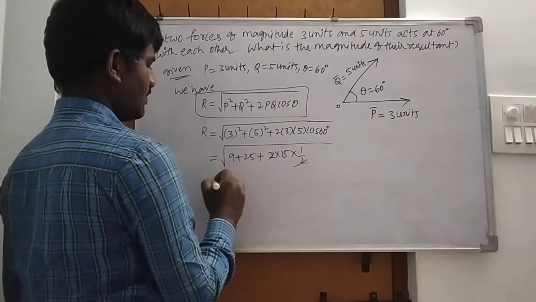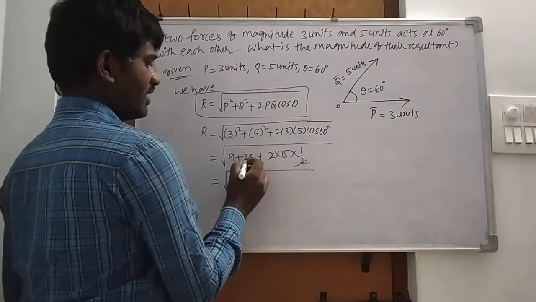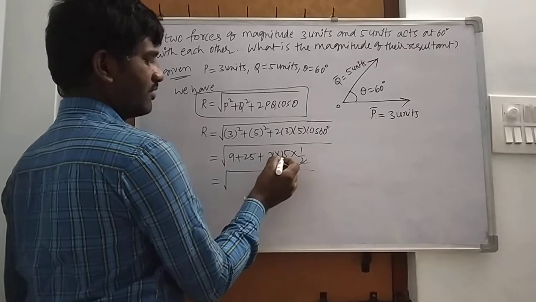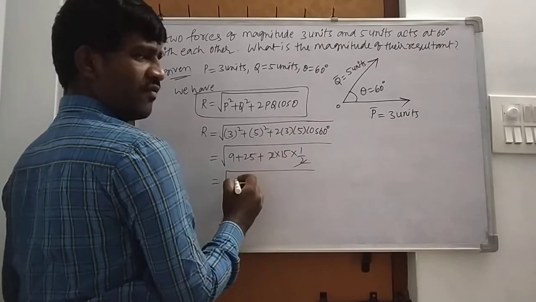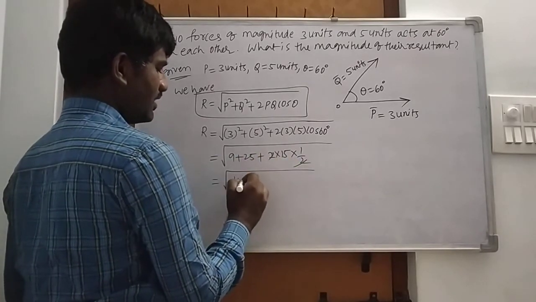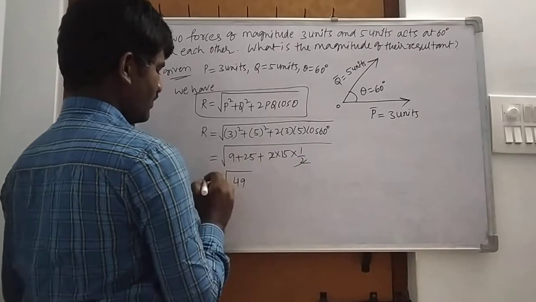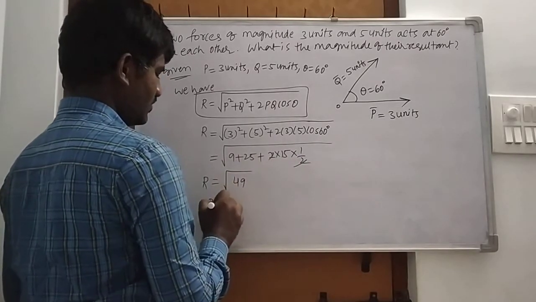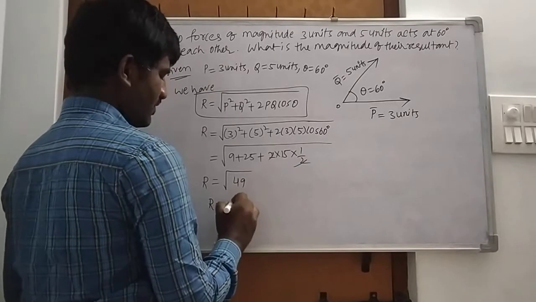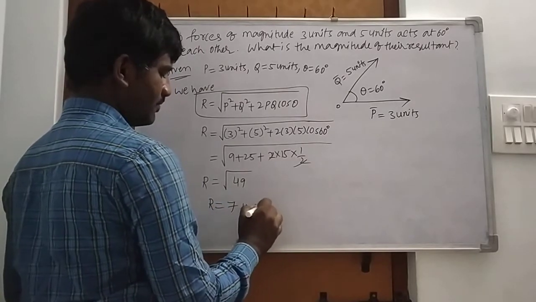The 2 cancels, 25 plus 15 is 40, 40 plus 9 is 49. So R is square root of 49, which is 7 units.